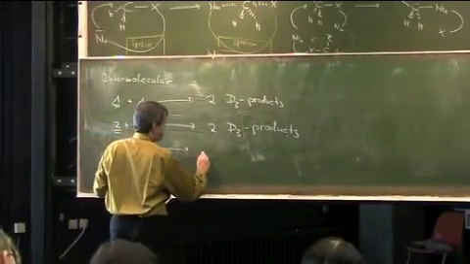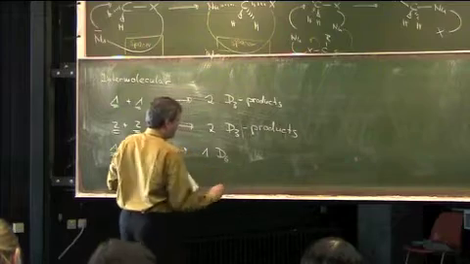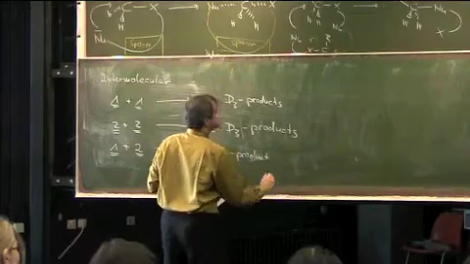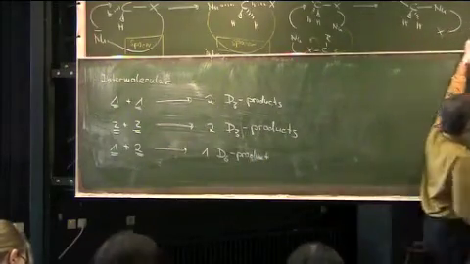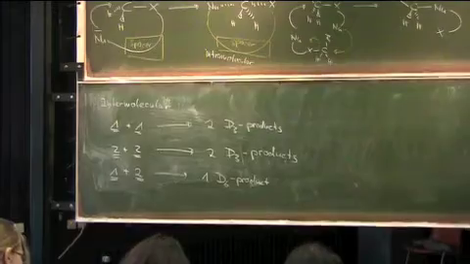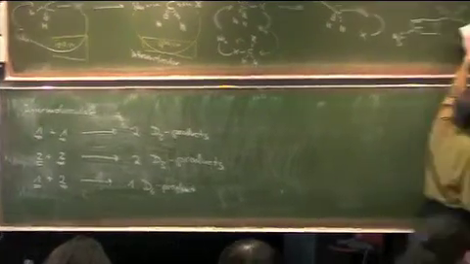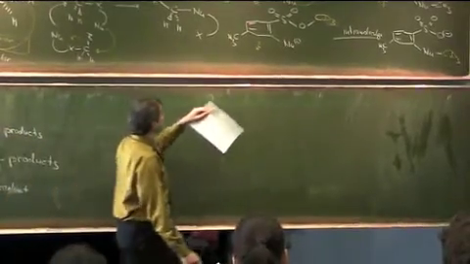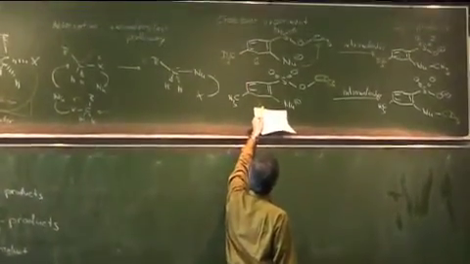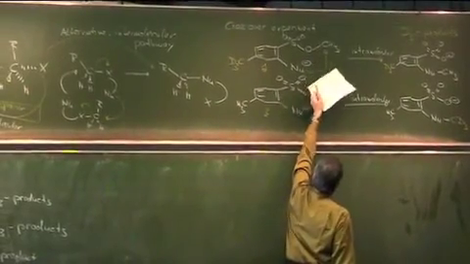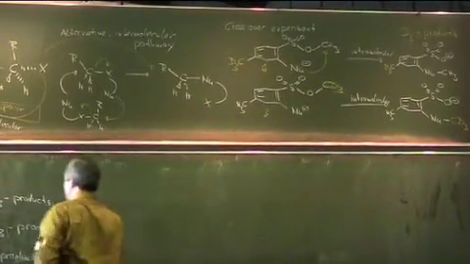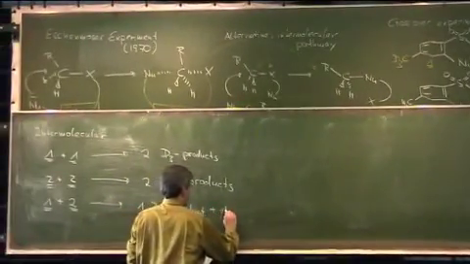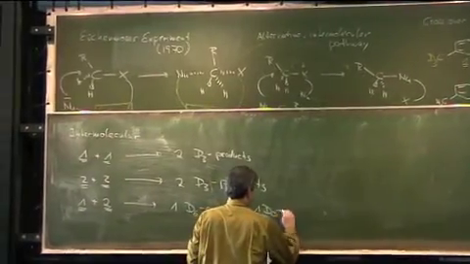And this should actually lead to a D6 product, because this nucleophile here is picking up this CD3 group, so you have 6 deuteriums in your molecule. And the alternative is then that this nucleophile is picking up the methyl group above, and then this way you have a D0 product.